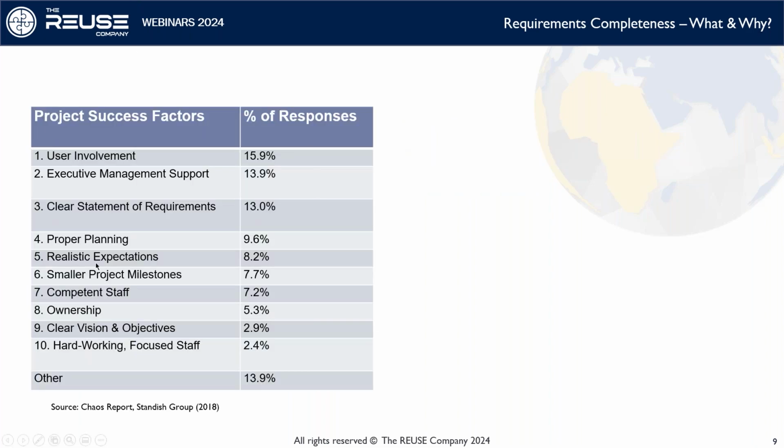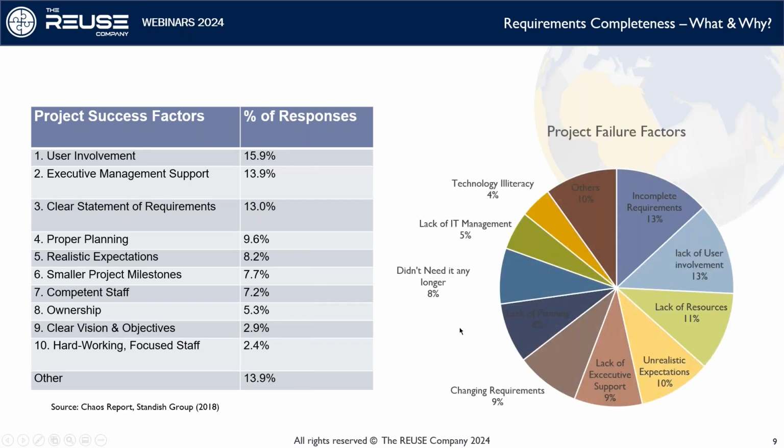So if we look at this table and the pie chart on the right, both are coming from the same Chaos Report, and we see that on the right, incomplete requirements is within the top 3 reasons why projects fail. And at the same time, we can see on the left why projects succeed. And related to incomplete requirements, we have different reasons why those requirements are not complete.